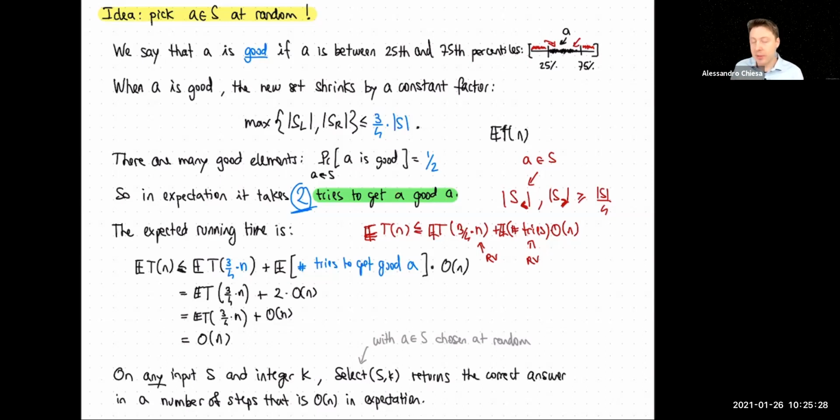I can just count the number of elements less and greater than. If there are at least S over 4 elements less than it, and at least S over 4 elements greater than it, then it must be in the middle half. And if it's not, then I'll just try again. And by definition of good, in expectation, it will take 2 trials to do so.